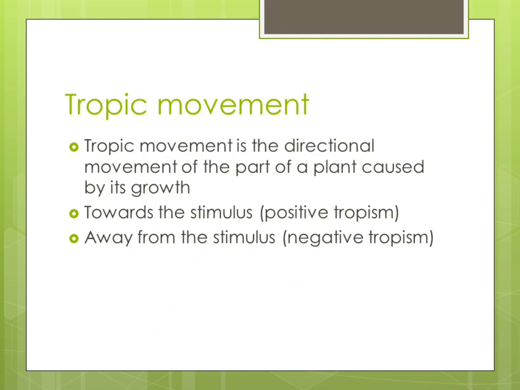Now let's study about tropic movement. Tropic movement is the directional movement of the part of a plant caused by its growth. When the movement is towards a stimulus, now what is a stimulus? It is the changes in the environment like water, sunlight, gravity or chemicals, etc. When the movement of the part of a plant is towards the stimulus, it is called positive tropism, and when the movement is away from the stimulus, it is called negative tropism.